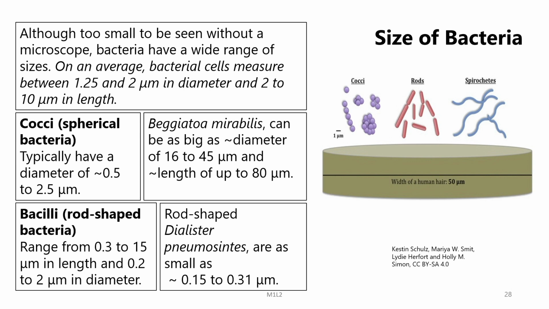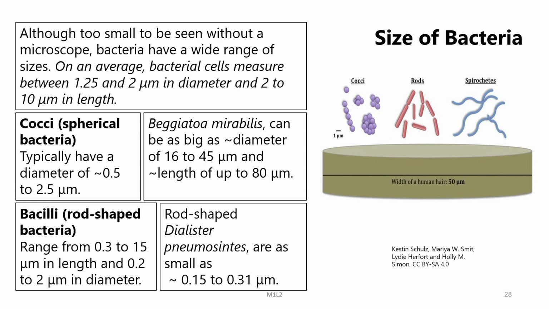So, this is a comparative size analysis of different kinds of bacteria when we compare to the human hair, which is visible to us. They are no doubt very small in size as an organism, but they are not all of the same size. Bacteria have a wide range of sizes, and the average size of a bacterial cell measures between 1.2 and 2 microns in diameter and 2 to 10 microns in length, and these actually vary from cell type to cell type.